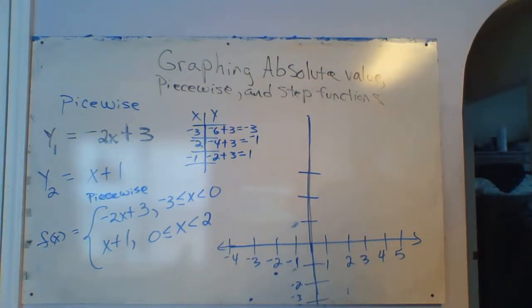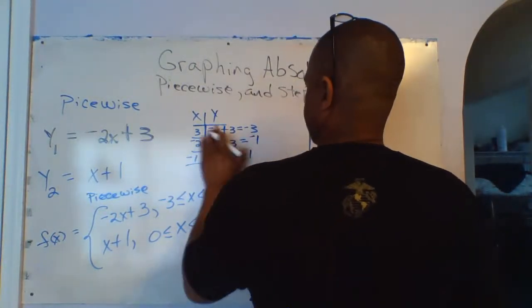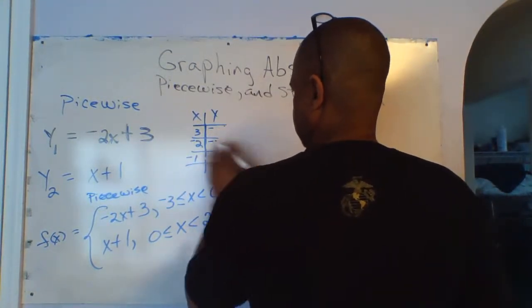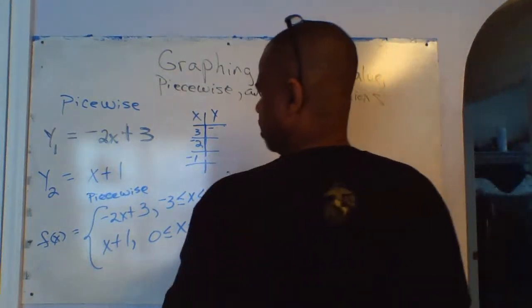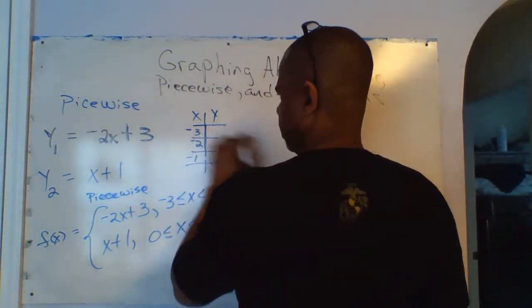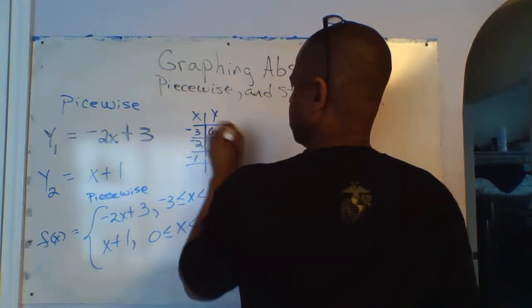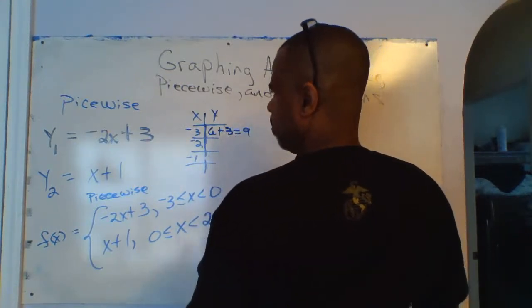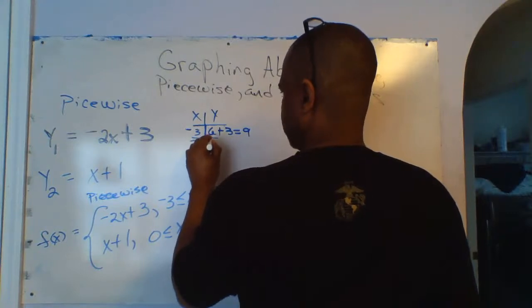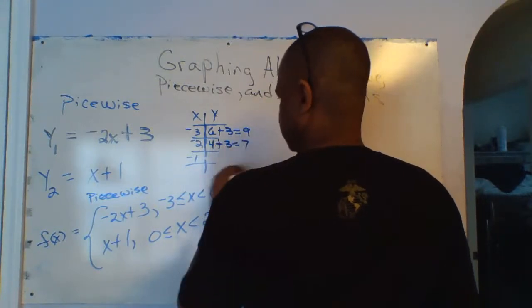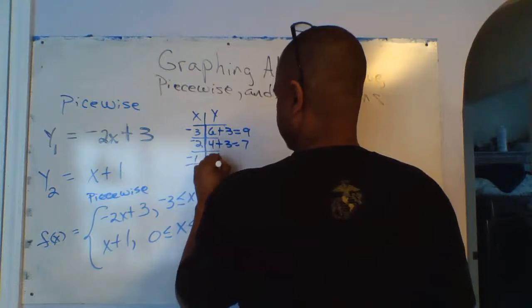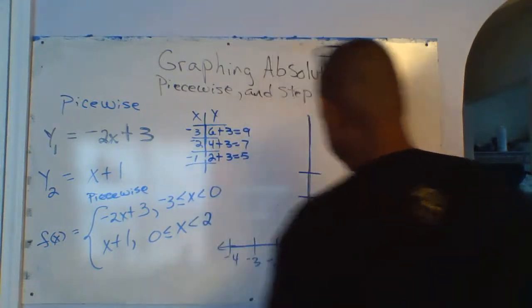If I plug in -2, that's -4 plus 3. What am I doing? I'm sorry, this is not right. I apologize. All right, so if I plug in -3, that should give me 6 plus 3, which is 9. I plug in -2, that's 4, so 4 plus 3 equals 7. And then there should be 2 plus 3, which is 5.